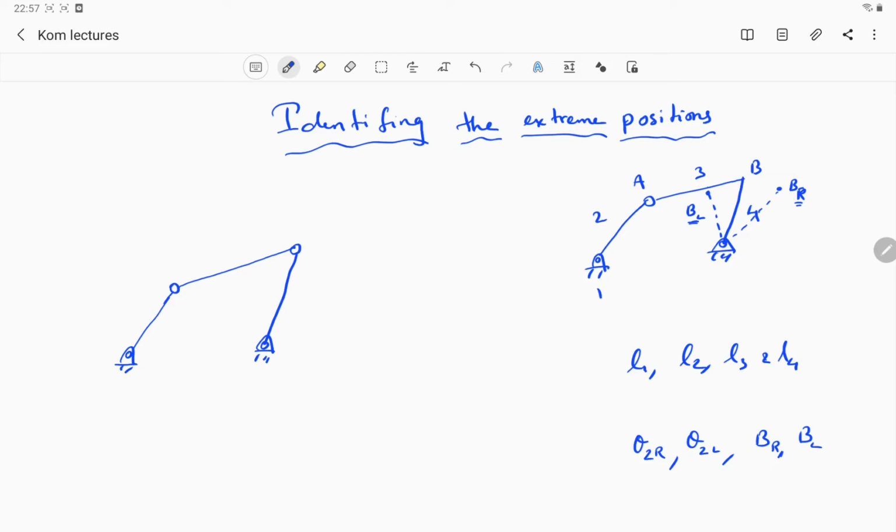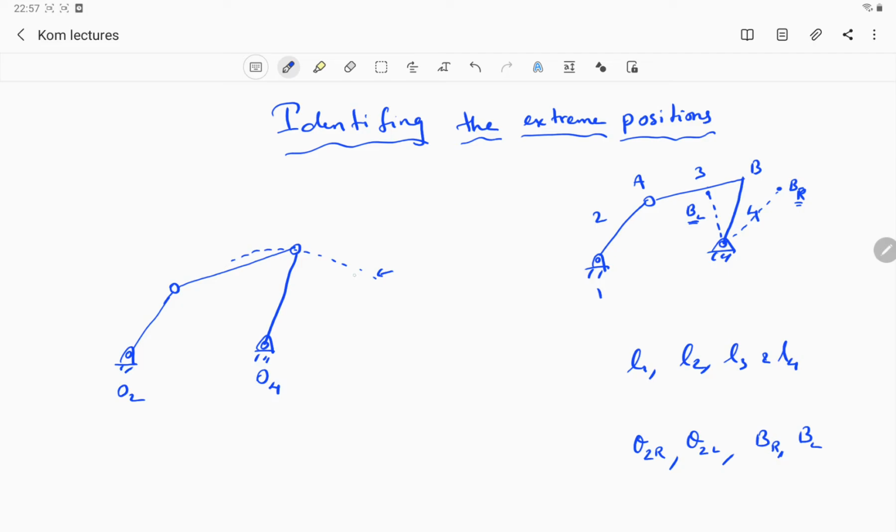Now BR and BL are going to be somewhere on a circle, with O2 and O4, with O4 as the center and L4 as the radius.